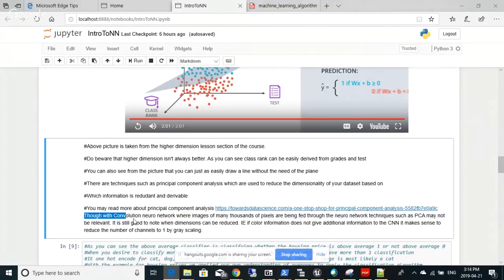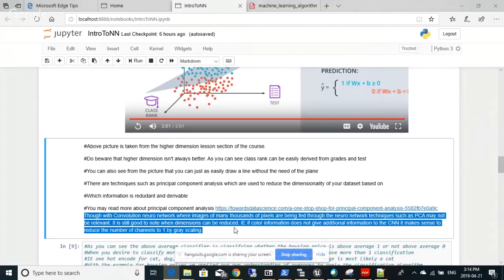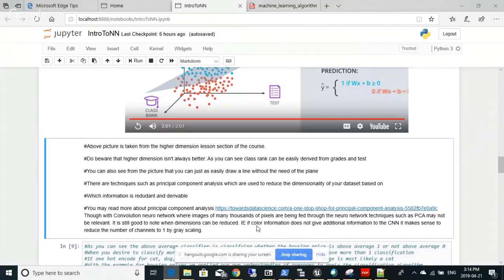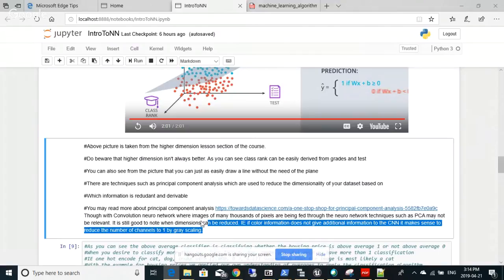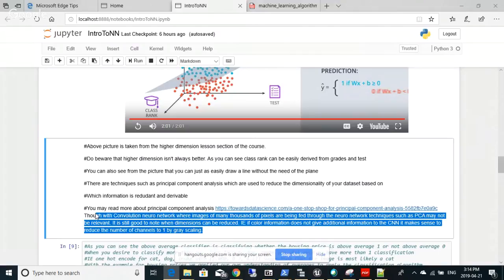If you are using convolutional neural networks with images that have a lot of pixels, PCA is not really going to work, but it's worth thinking about when you can reduce the dimension.